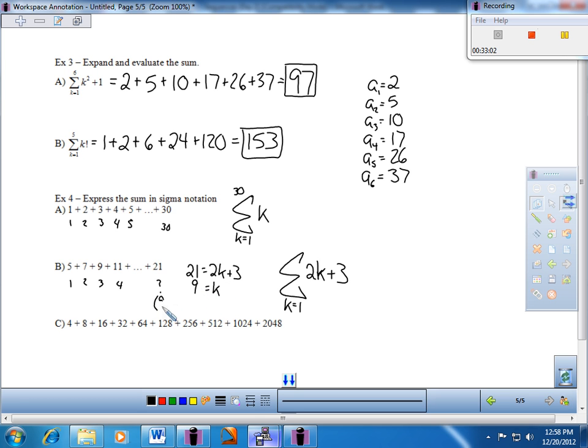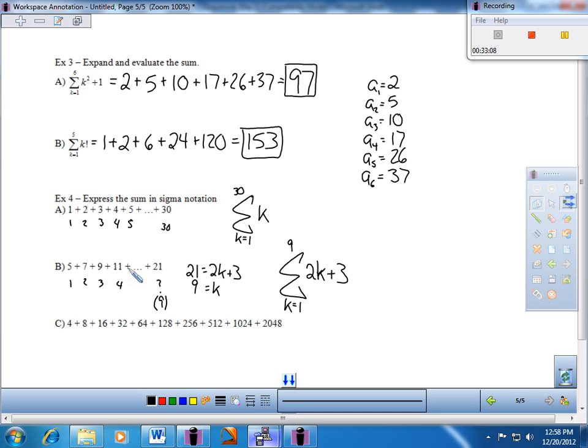So that, I believe, is our 9th term, just the way I wrote it. And as I mentioned, theoretically, you can start at a different number and end at a different number and have a different expression and have it mean all the same thing. This, I think, as I said, is probably the most common version. So it looks like from the first term to the 9th term, and that's the algebraic representation of these values right up here.